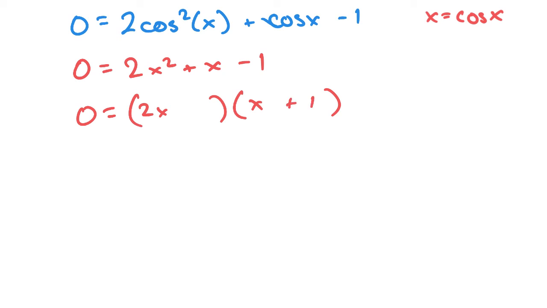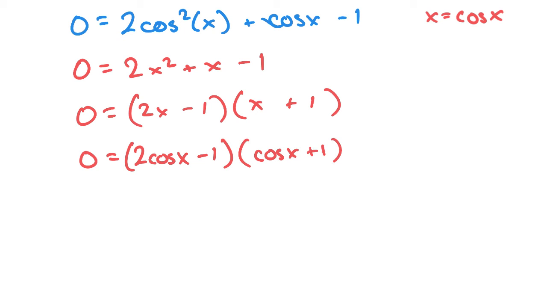Well, I know that it has to be plus 1 and minus 1. So if I go ahead and replace these pieces, 0 equals 2 cosine of x minus 1 and cosine of x plus 1. So what I do is I set each one of these equal to 0.